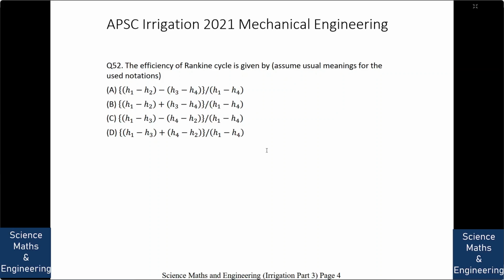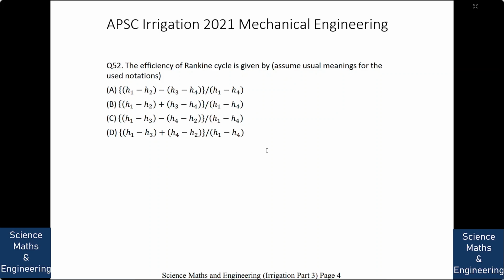C, (H1 minus H3 minus H4 minus H2) divided by (H1 minus H4). Or D, (H1 minus H2 plus H4 minus H2) divided by (H1 minus H4). You can pause and think of the answer.